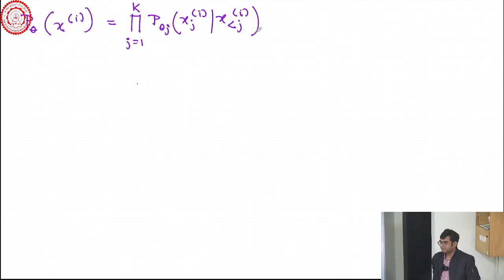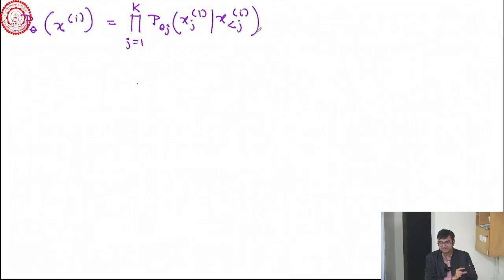That is the joint probability of the ith sample. Now the joint probability you can write as a product of autoregressive terms: P of x1, P of x2 given x1, P of x3 given x2, x1, P of x4 given x1 to x3, and so on, up to P of xk given x1 to k minus 1. Now I am doing this only for the ith data point, so the i is sitting above all of this. And theta j I am saying because each conditional is modeled using a separate network. So each conditional has its own parameter. That's why I am writing theta j.